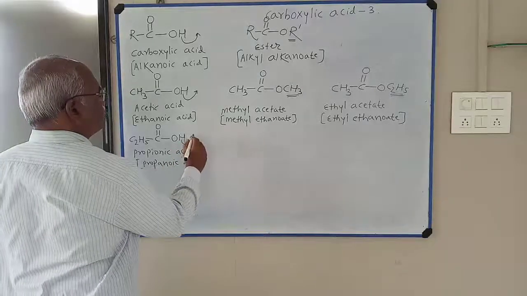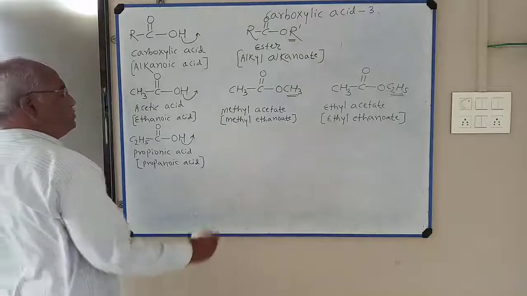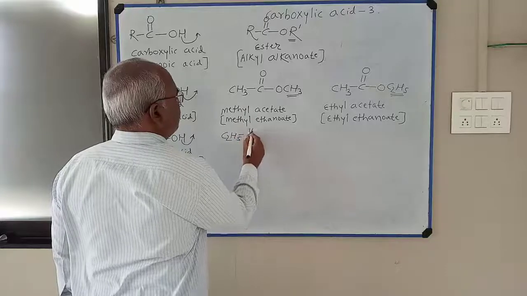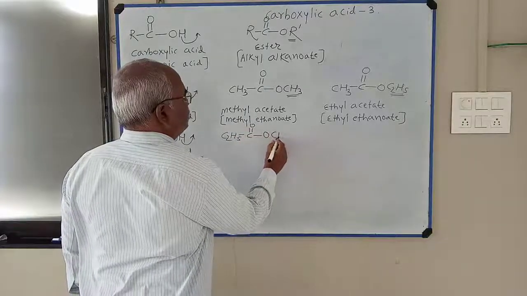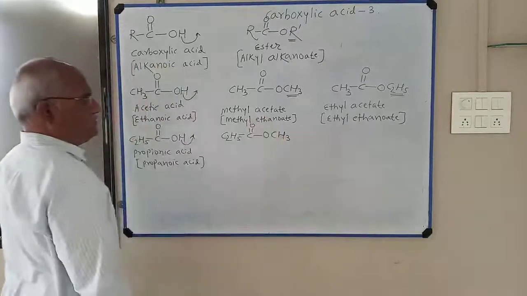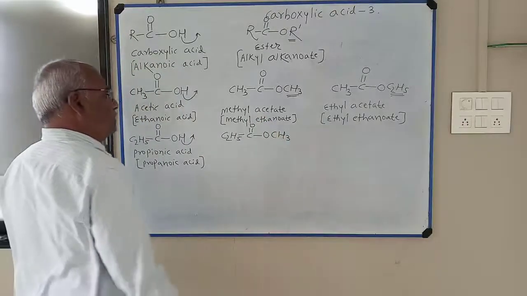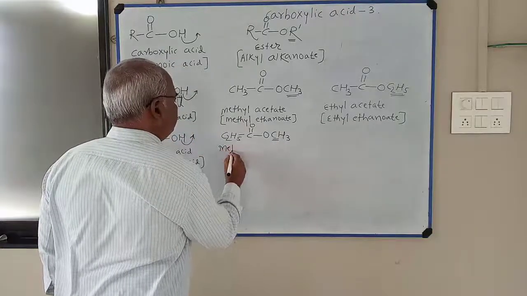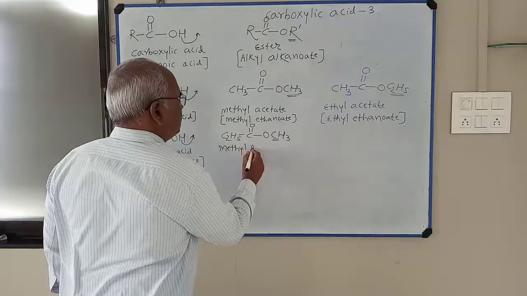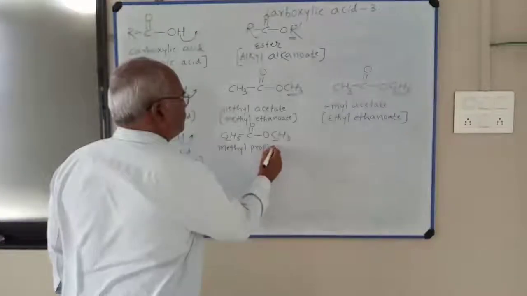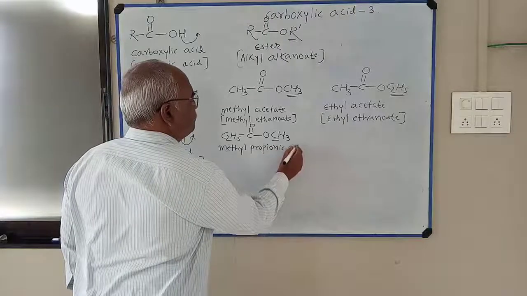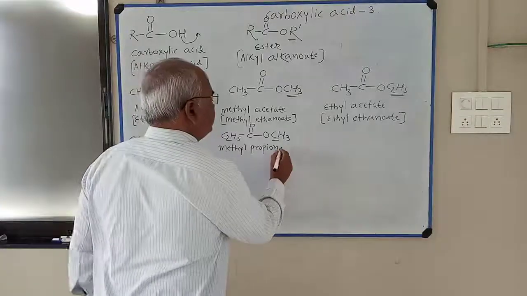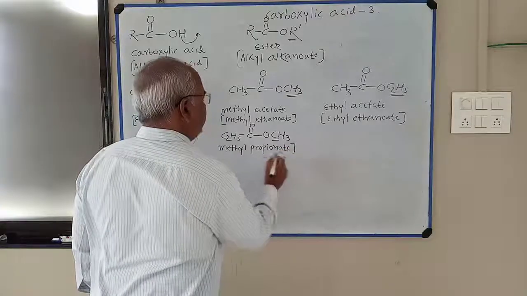Remove this hydrogen and replace it by a methyl group: C2H5, C double bond O, O, CH3. This is ester. Write the name of the alkyl group, methyl. Acid part, propionic acid. Remove ic acid and replace it by ATE.